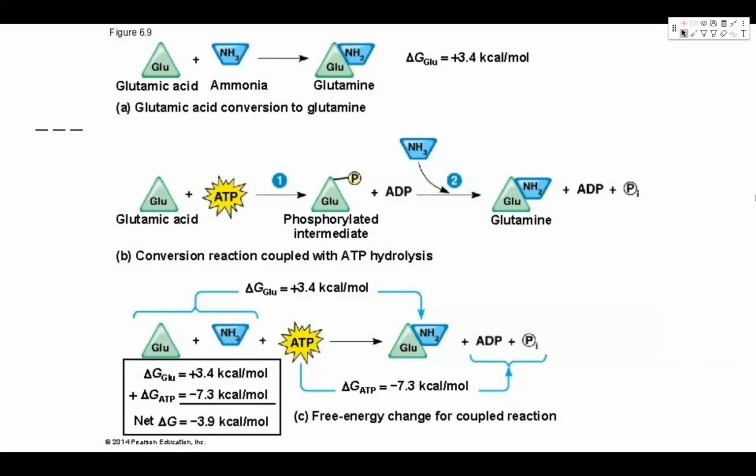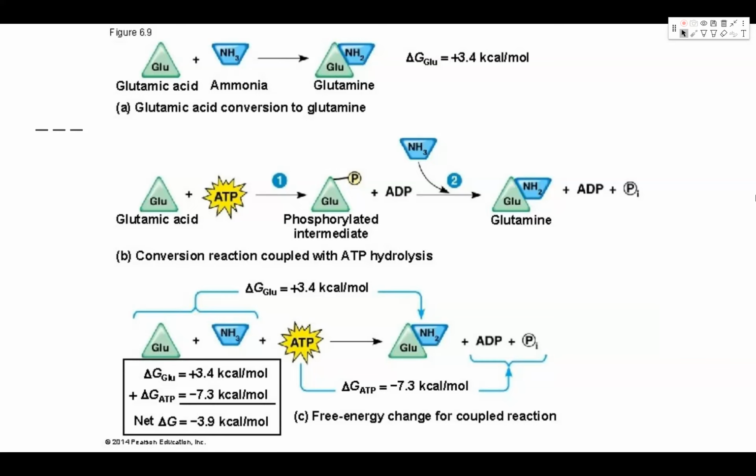So we're going to write this out together. We got a little triangle. This is glutamic acid, and we are going to add ammonia, and we are going to get glutamine.